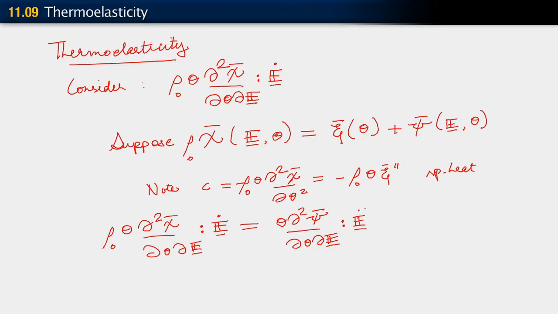I just want to dwell upon the possible sources of this type of mixed derivative terms. What are the physical consequences of something like this, or alternately, what are the physical models that can lead to this type of dependence?